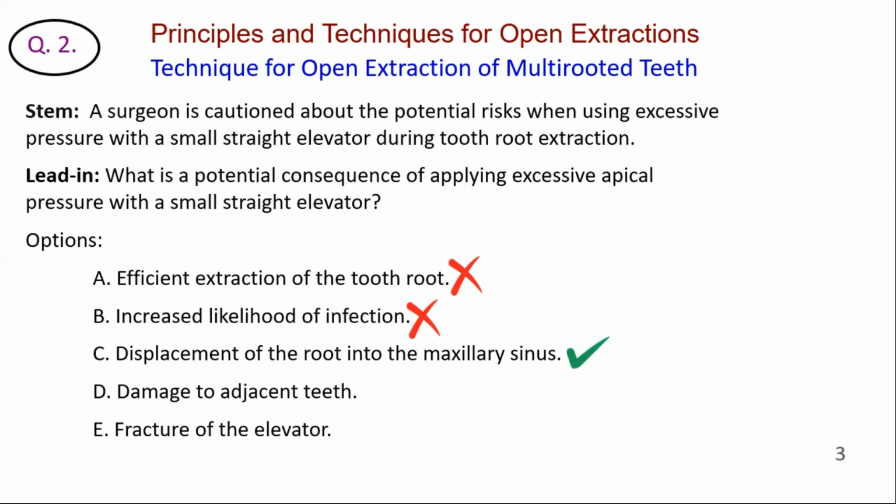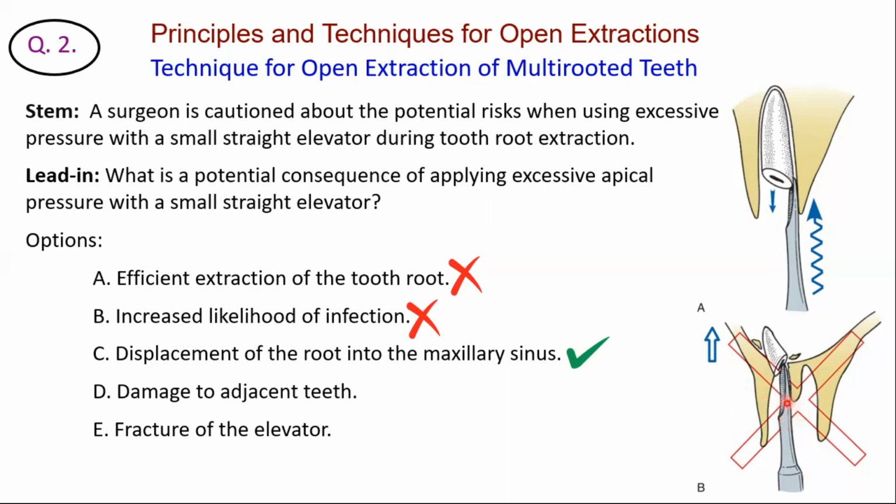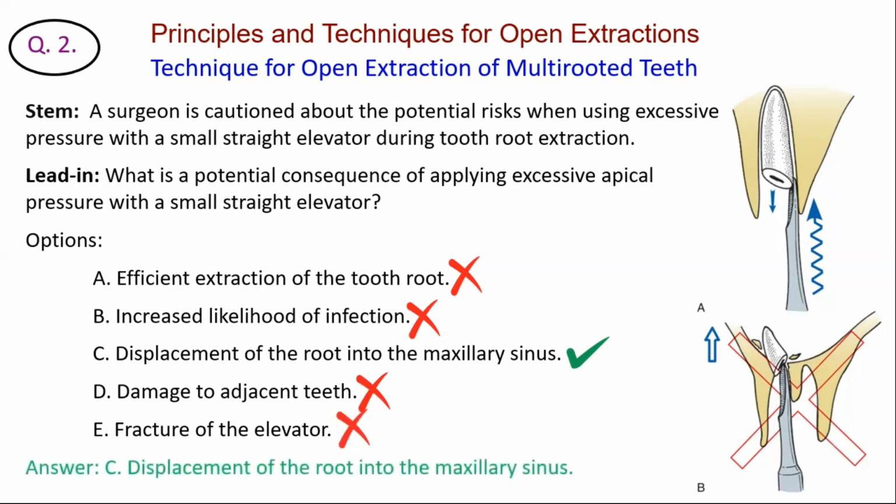Excessive pressure in the apical direction results in displacement of the tooth root into undesirable places, in such cases the maxillary sinus. Not the primary risk mentioned, less likely compared to the displacement of the root. So the correct answer is C. Applying excessive pressure in the apical direction can result in the tooth root being displaced into the maxillary sinus.